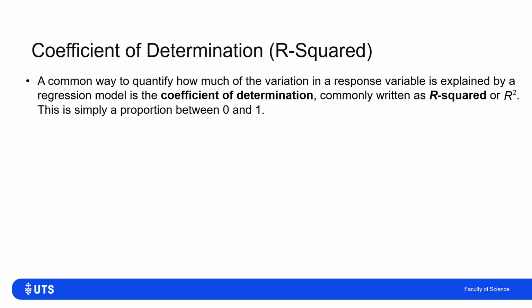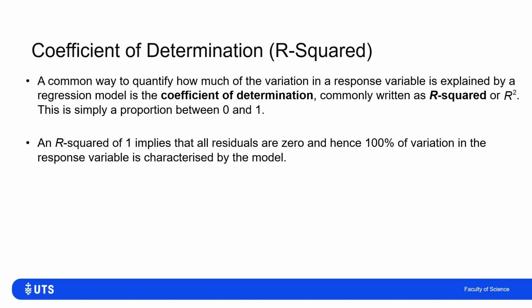This is just a proportion between 0 and 1. A proportion of what? It describes how much of the variation in the response variable we could explain with variation in the predictors. So how much of the response is determined by changes in the predictors.